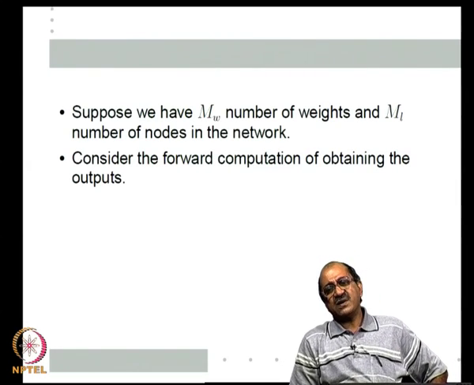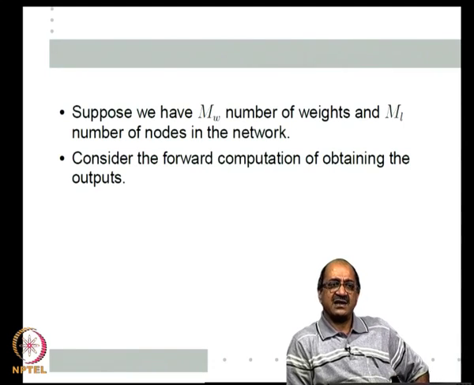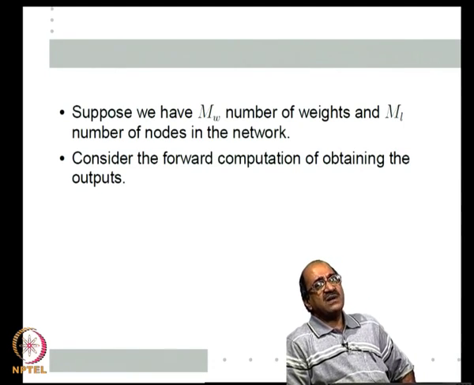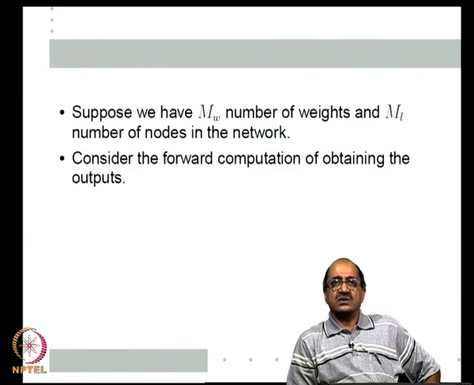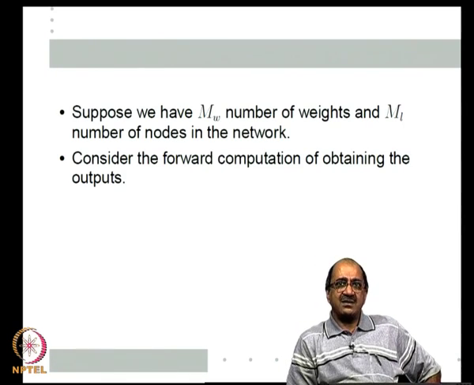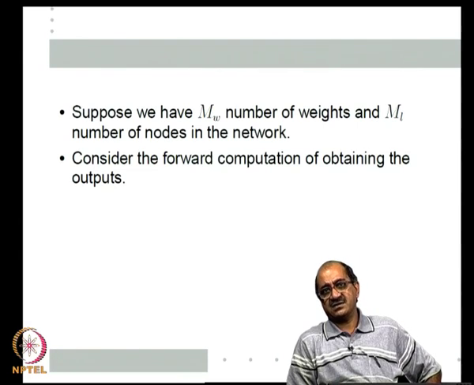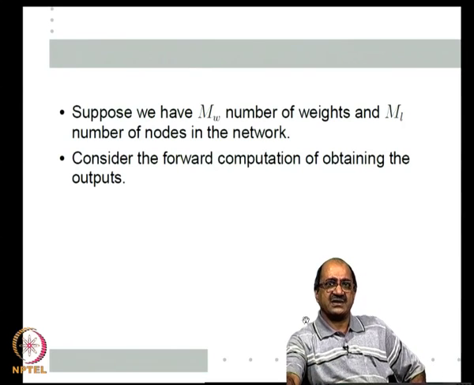We can assume that each function computation costs some constant times a multiplication. I do as many function computations as there are nodes, ML. So, totally my computation is MW multiplications plus some constant K times ML, or ML function evaluations.